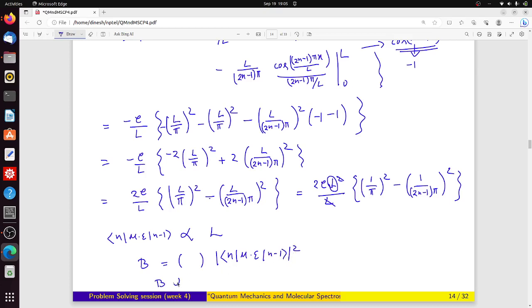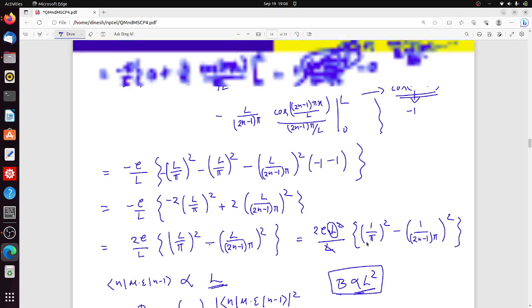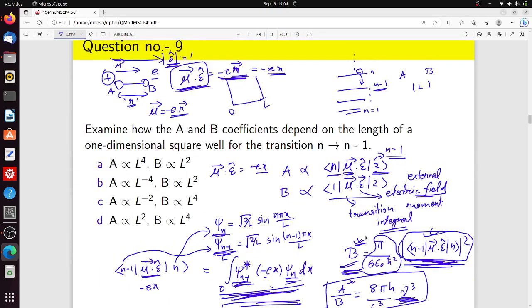Then this B will be proportional to L square, because this integral is proportional to L and our B coefficient is proportional to this integral's mod square. So one dependency we got: B depends on L square. So halfway we covered.